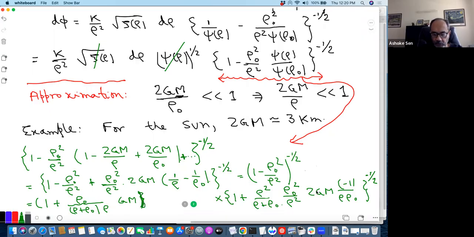Okay, so one factor of rho 0 gets cancelled. Rho square gets cancelled. Okay, there's one factor of rho 0 in the numerator, one factor of rho in the denominator. And then this minus 2gm multiplied by minus half just gives you dHgm.